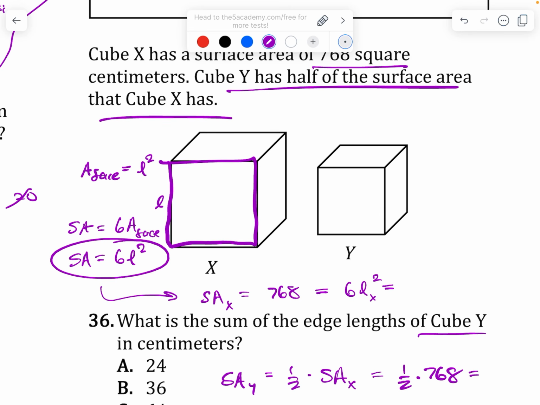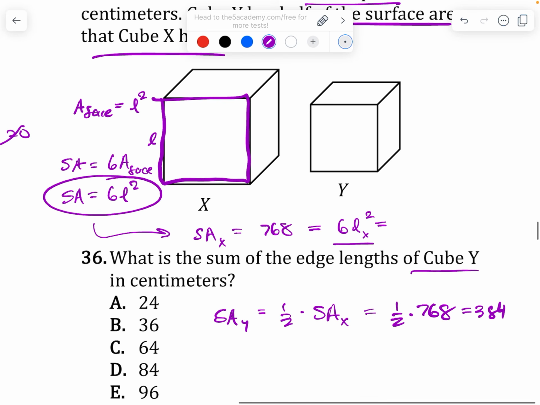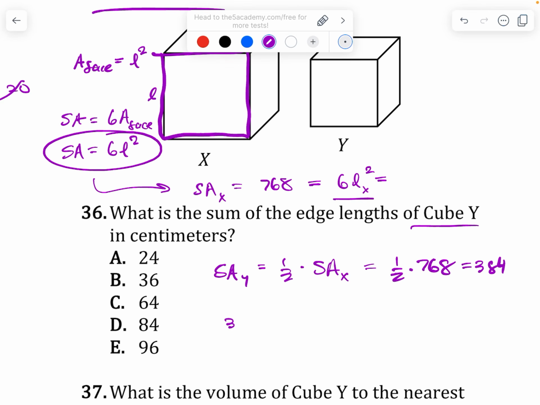And what's 768 divided by 2? 384. Now I can use my 6L squared. So 384 equals 6L squared. I can solve for L, and then I can add up all the edge lengths by counting edges, which I'll show you how to do in a second, and get the answer, okay?